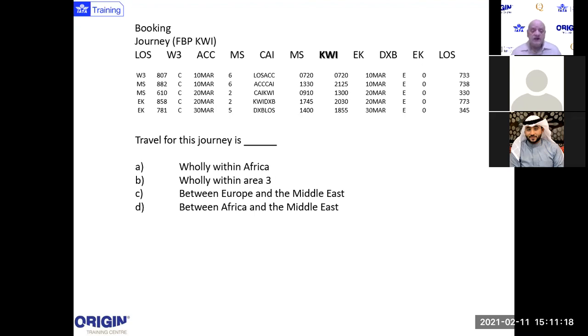The reason why LOS and ACC are there is Lagos is in Nigeria, which is an oil producing country. Consequently, there's a lot of business between the Gulf and Lagos. Both regions are massive oil producers.